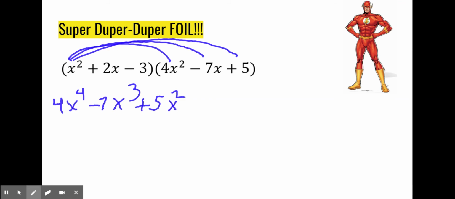All right, different color to organize this. 2x times 4x squared. So that's where we're at now. So we're going to get a positive 8x to the third. And then let's take the 2x times the negative 7x to get a minus 14x squared. And now let's take the 2x times the 5 to get the positive 10x.